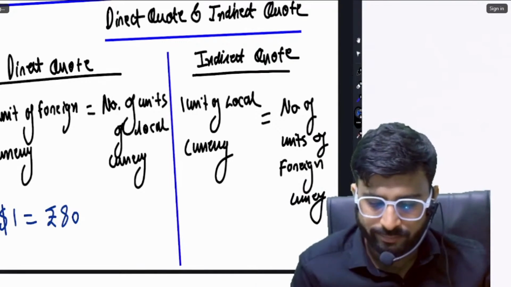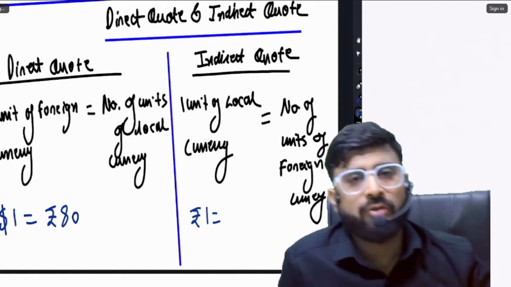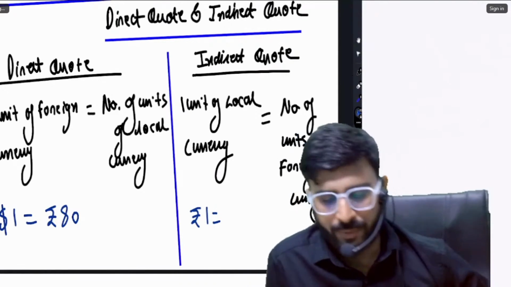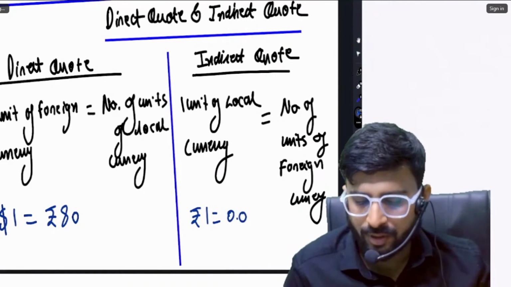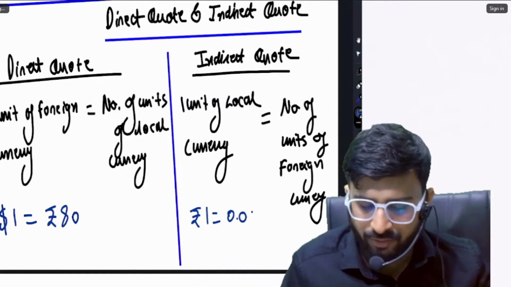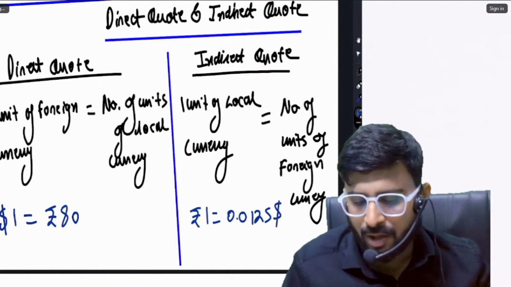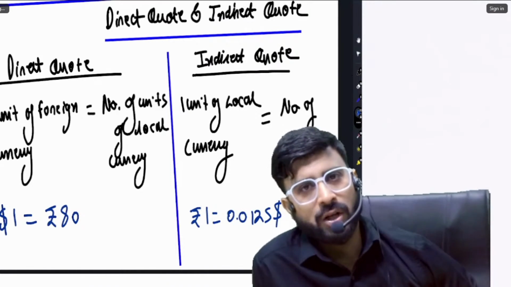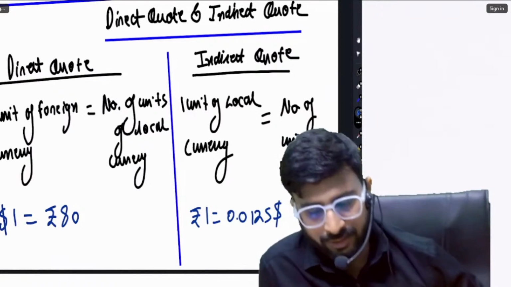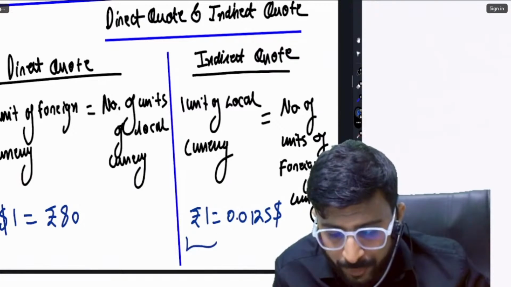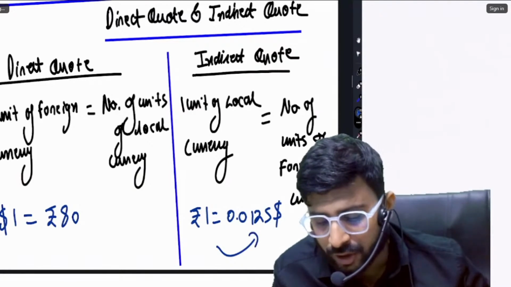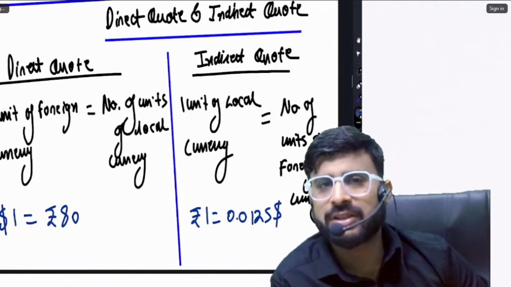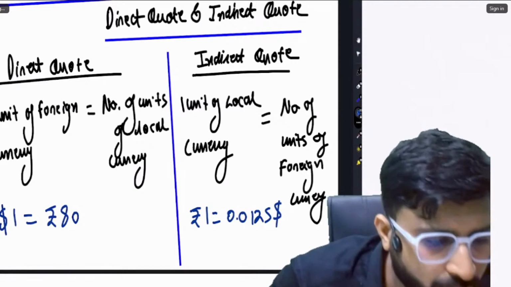But if I say 1 rupee equals, just for example purposes, $0.0125, then 1 rupee, 1 unit of local currency, is how many units of foreign currency? That is the language I have used. That is direct and indirect quote.